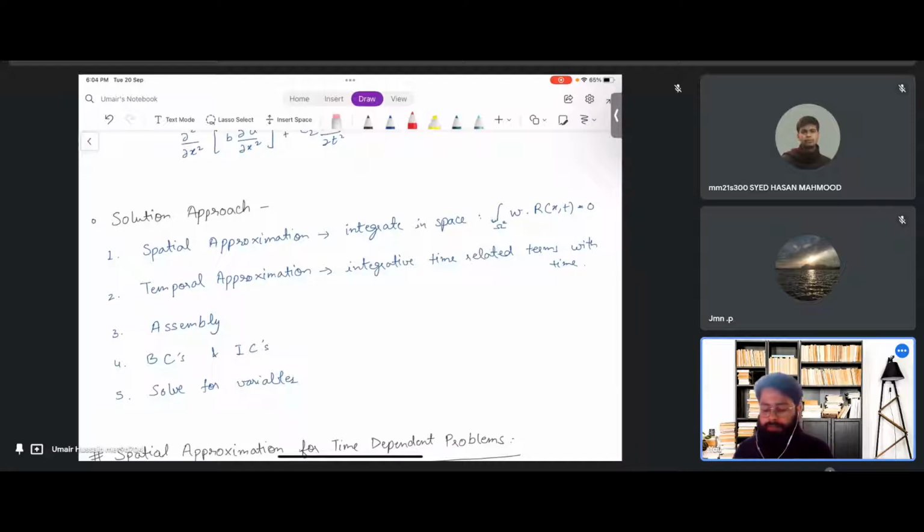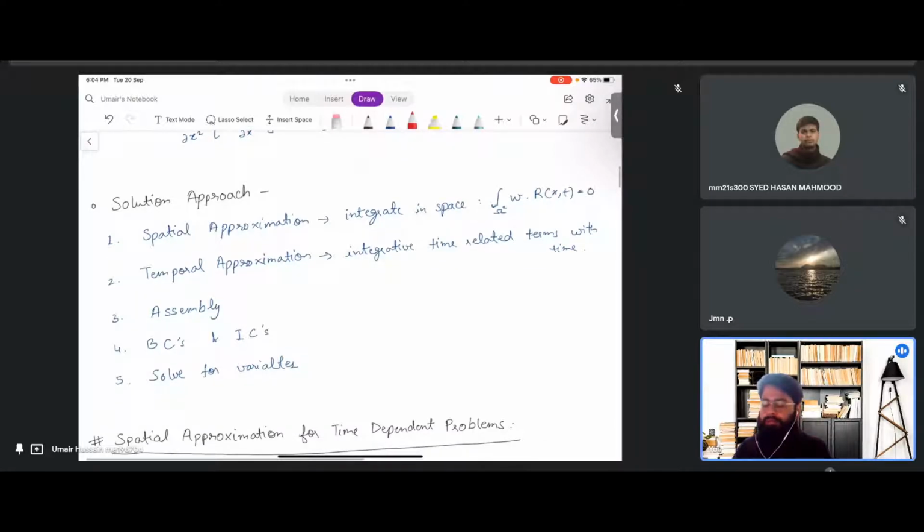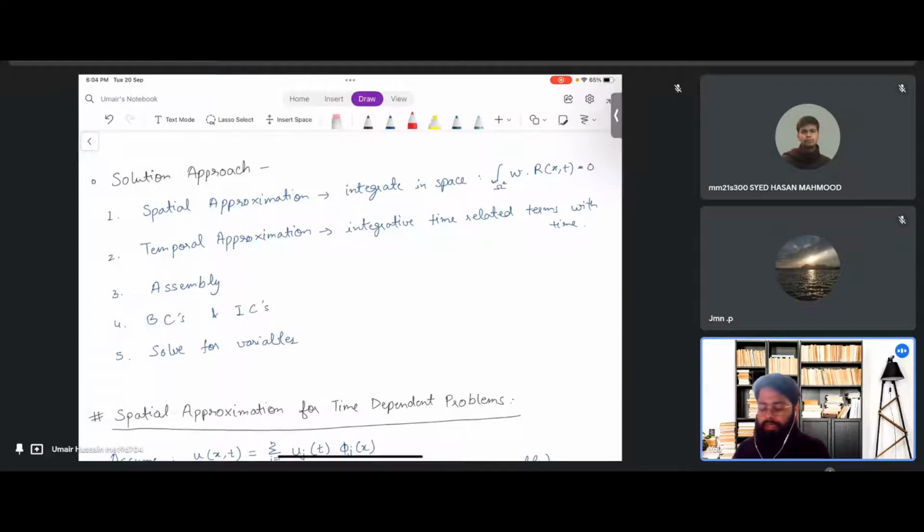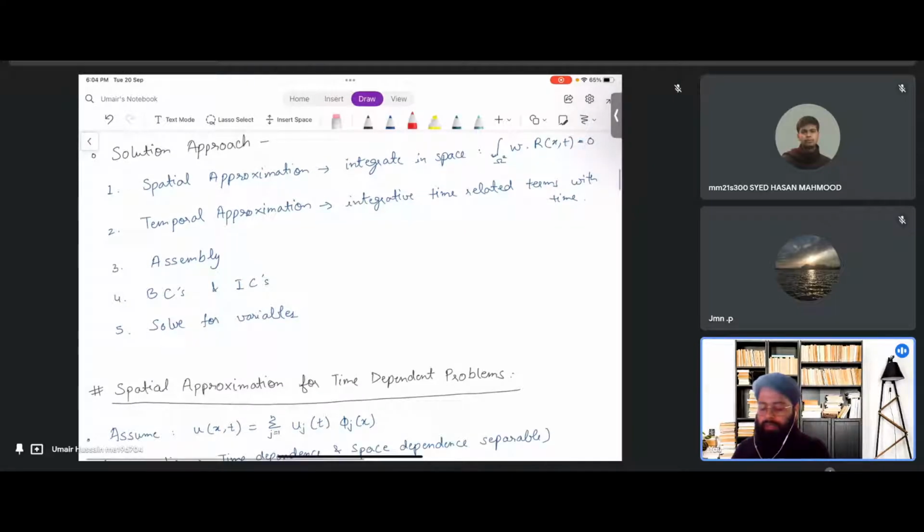So we get rid of the spatial terms first, and then we deal with the temporal terms, the time derivative terms, with temporal approximation. We'll see how we do it later. With this second step, we get a set of algebraic equations, which we solve through assembly of matrices and vectors, and finally we apply the boundary conditions and initial conditions to solve for the final result.